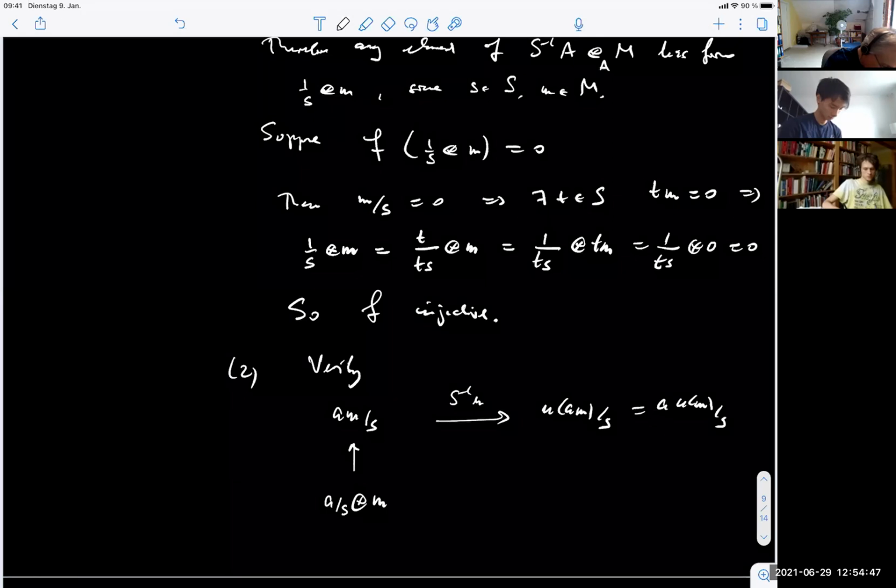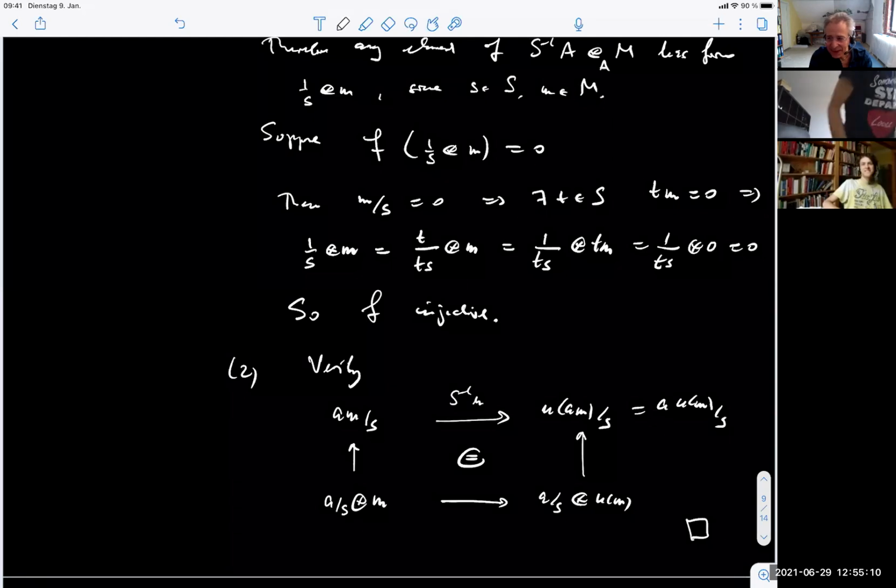And down here, I go to the same thing, that's how this map is defined. And then you see if I go up, I get the same. So it's commutative, and I'm done. Questions on that? It just works. Not much to it, it just works.